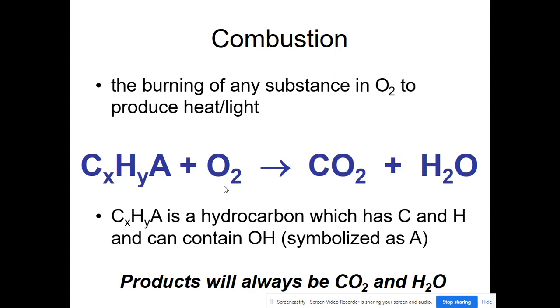This would be a complete combustion reaction. However, you can have incomplete combustion when you don't have as much oxygen present. This can happen with furnaces or with cars, and here you could have the hydrocarbon reacting with oxygen, but also producing some carbon monoxide.